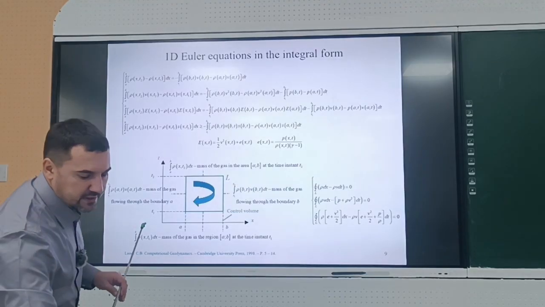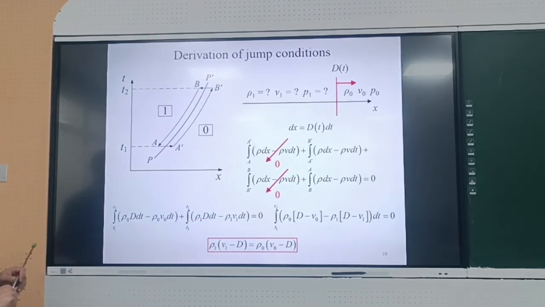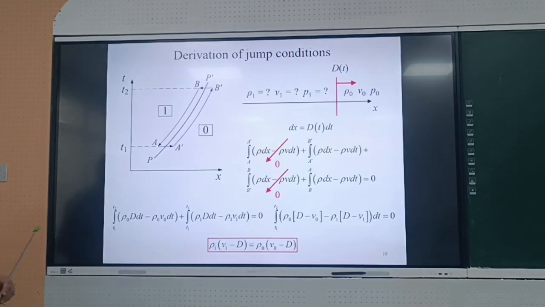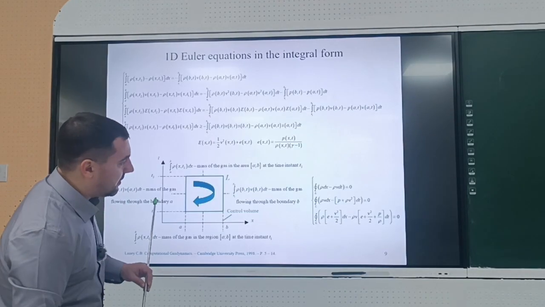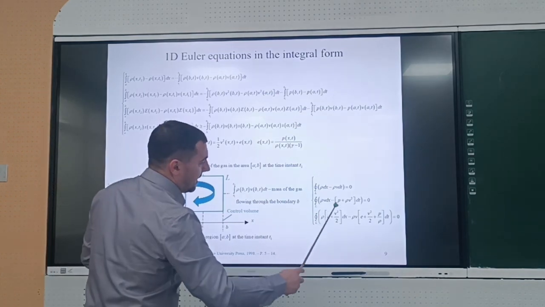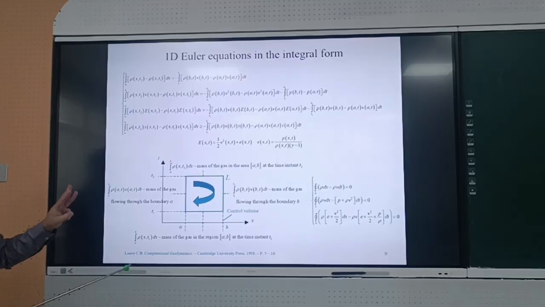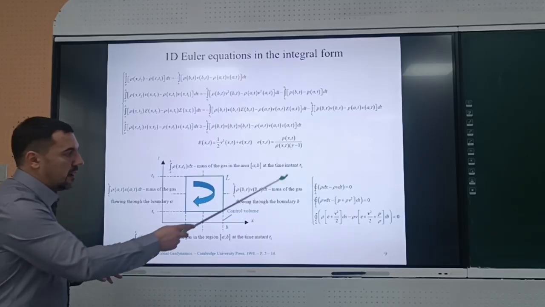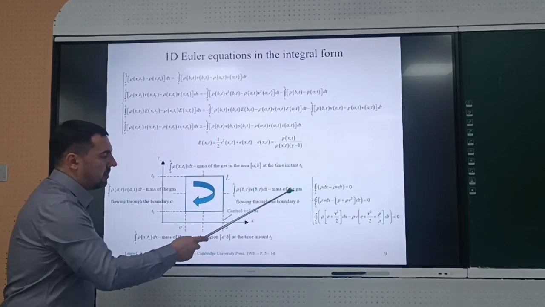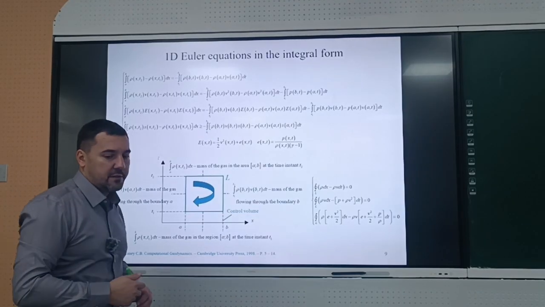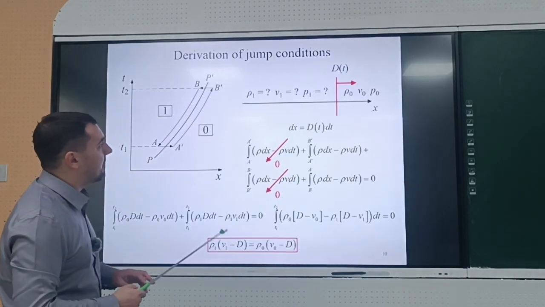Actually, we can do the same thing as we have just done for the scalar conservation law. But here we should consider each equation separately. So we have 1, 2, 3 equations, and we should obtain correspondingly 3 jump conditions for the mass conservation law, momentum conservation law, and energy conservation law. For example, let's take the mass conservation law.